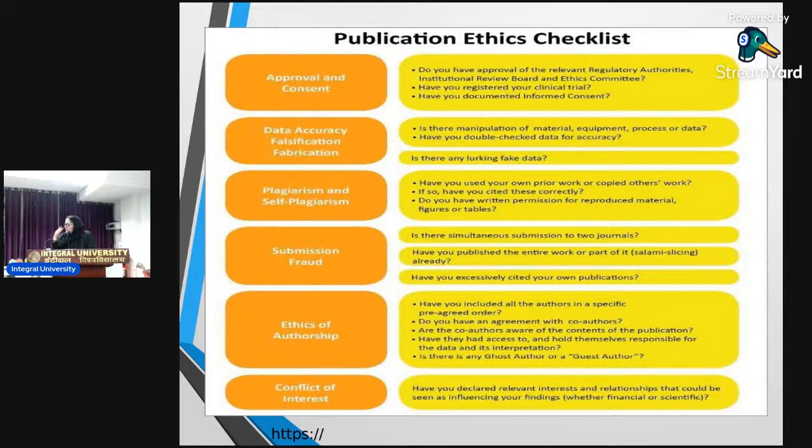So now you have reached a stage where you have consolidated your data, you have analyzed your data, you have applied all the right kind of statistical tools, and you have come to a conclusion based upon the data. Now you are ready to send the paper for publication.